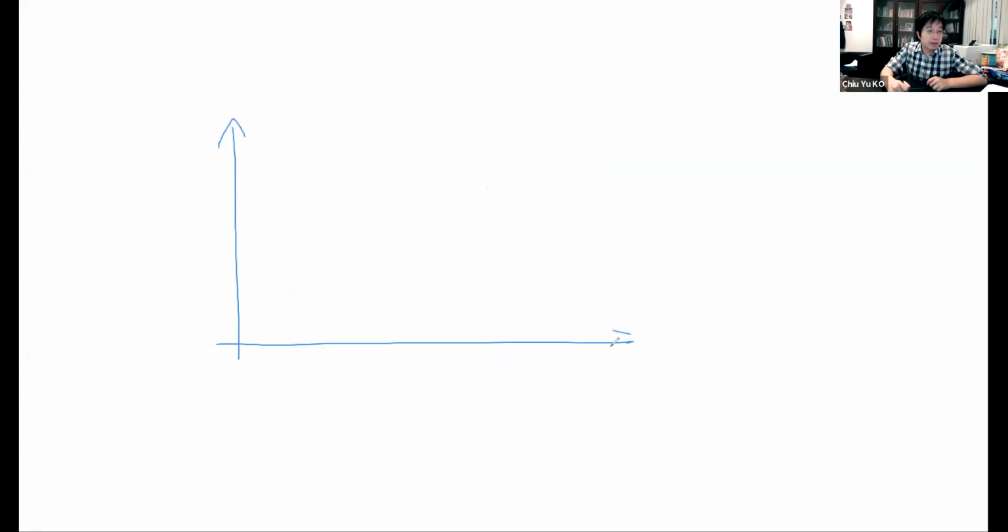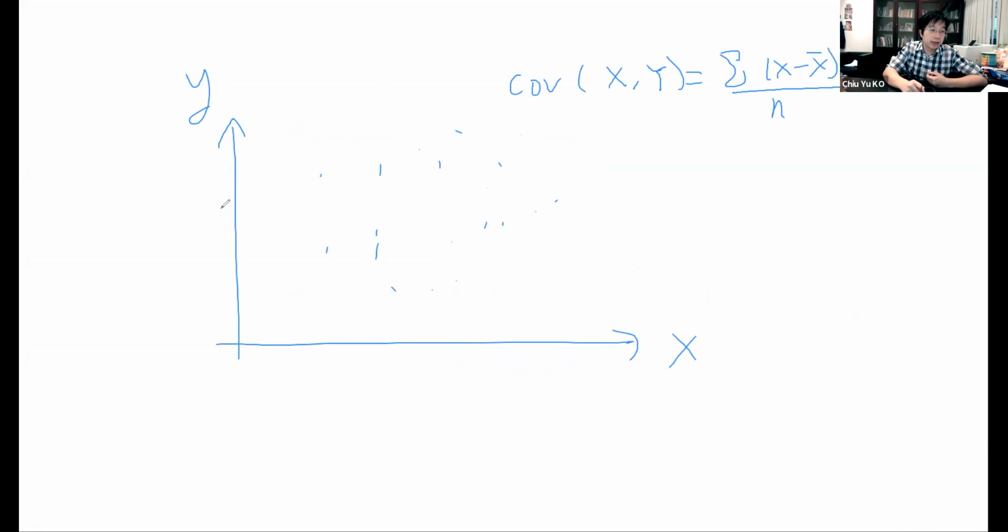If you still remember the scatter plot here, the definition is the summation of x minus x bar, y minus y bar, over n or n-1 depending. So you have a lot of data here, then you look at y bar and x bar.